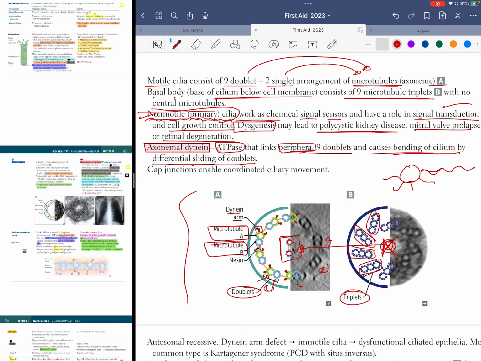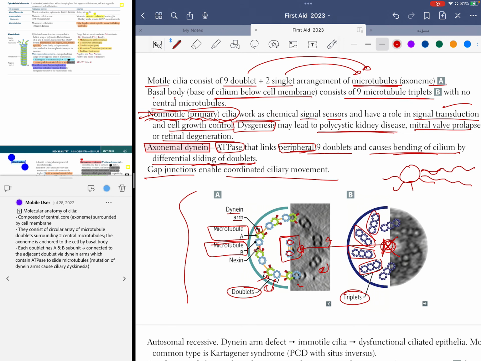They allow the sliding of duplets in order to allow this movement of the cilia. There are also gap junctions that enable coordinated ciliary movement. Of course, we do have some gap junctions between every one of those, leading to coordinated ciliary movement.